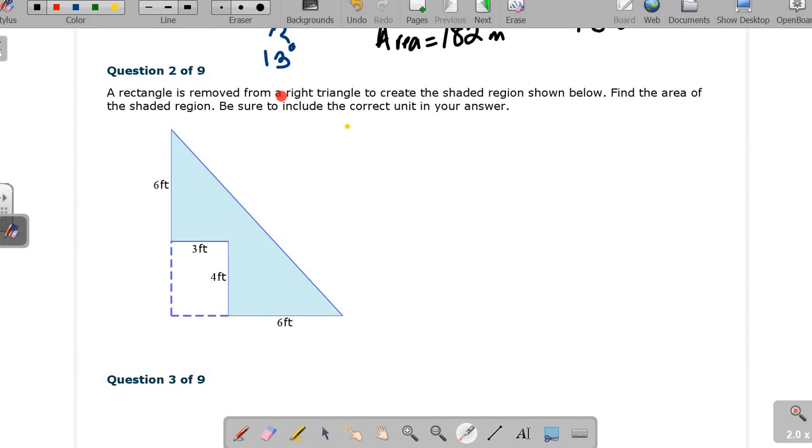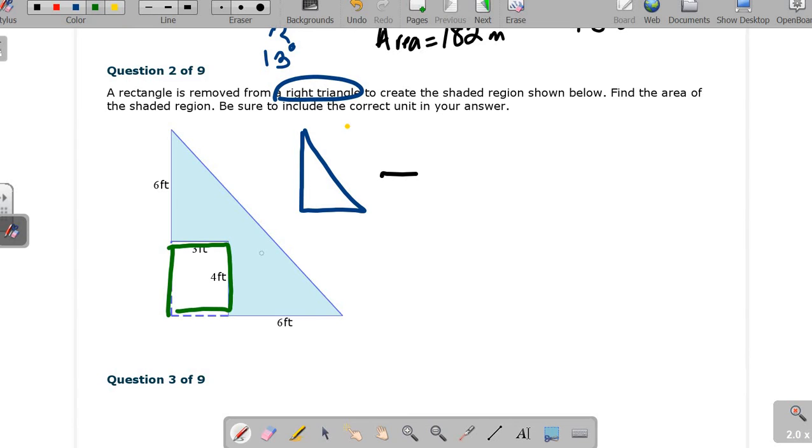A rectangle is removed from a right triangle to create the shaded region below. Find the area of that shaded region. So the shaded region is going to be a right triangle minus a rectangle, and that's going to give us the shaded region.